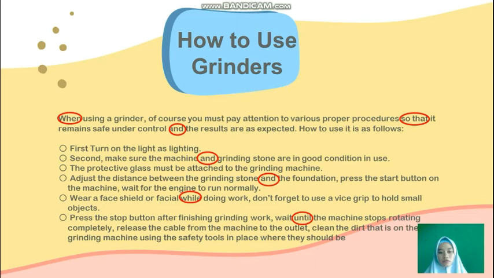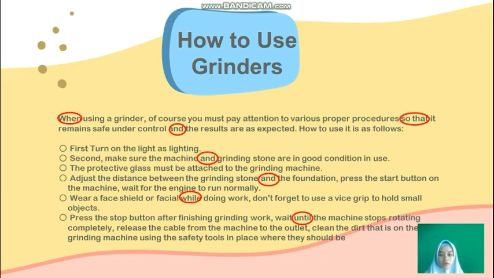Second, make sure the machine and grinding stone are in good condition for use. The protective glass must be attached to the grinding machine. Adjust the distance between the grinding stone and the workpiece. Press the start button on the machine. Wait for the engine to run normally.